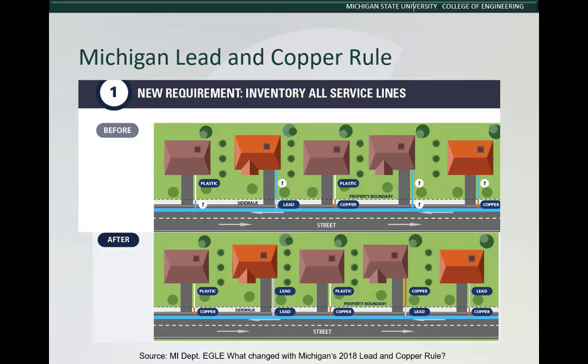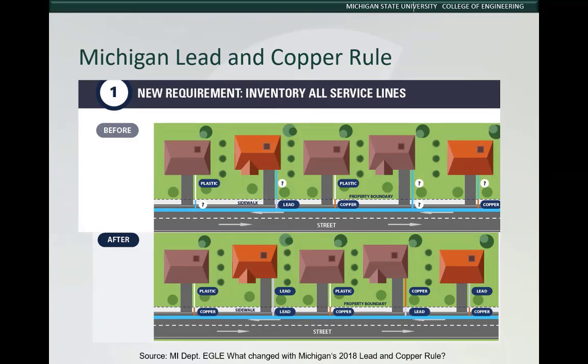Now, the state of Michigan says that all utilities must submit to EGLE by January 1st of this past year an initial report of how they will determine the lead service lines in the communities which they serve.